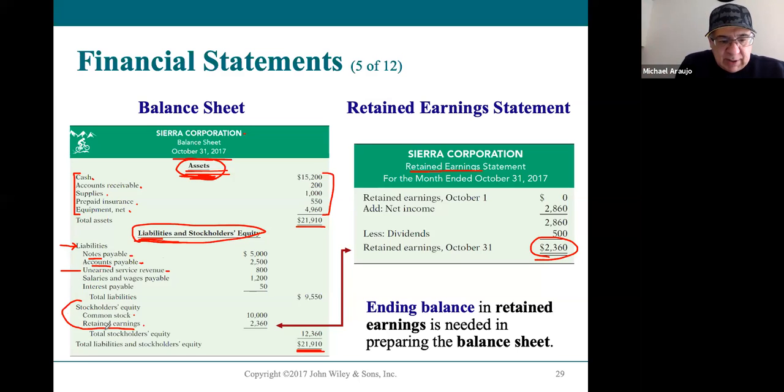And we just went over our stockholders' equity accounts earlier. Notice that we have total liabilities listed and total stockholders' equity listed separate. And then they're totaled up to make sure that they equal our total assets. Total assets must equal our total liabilities and stockholders' equity.